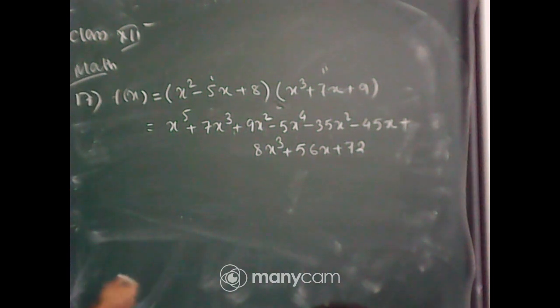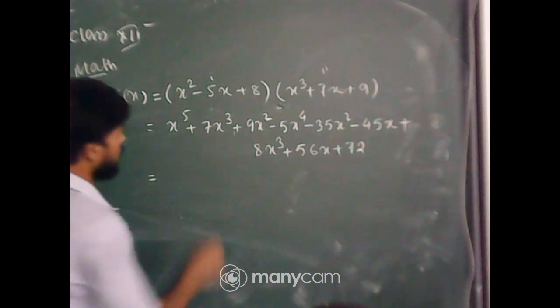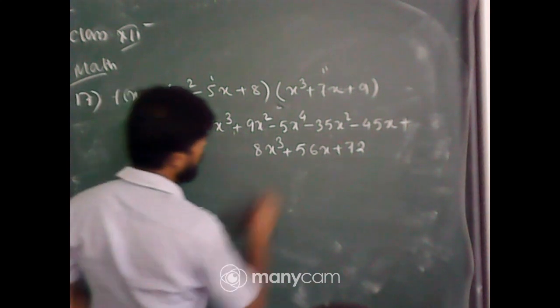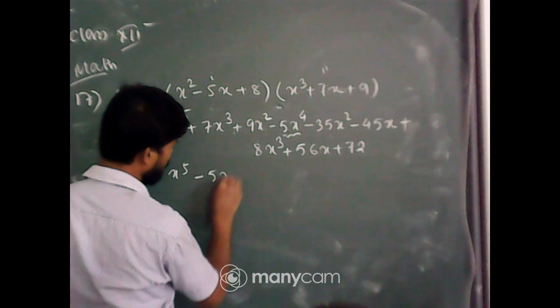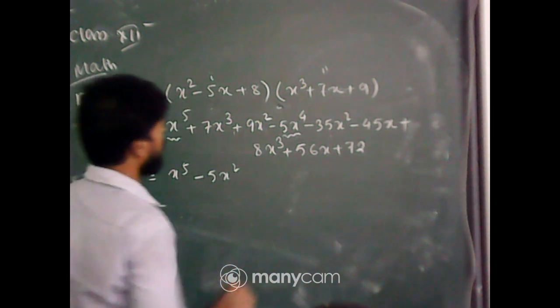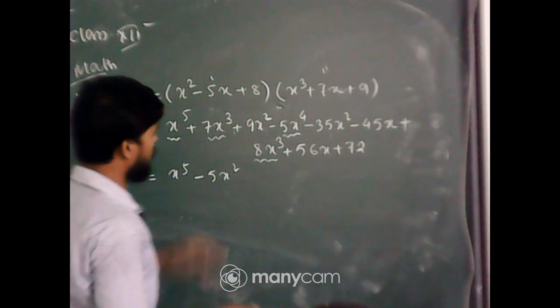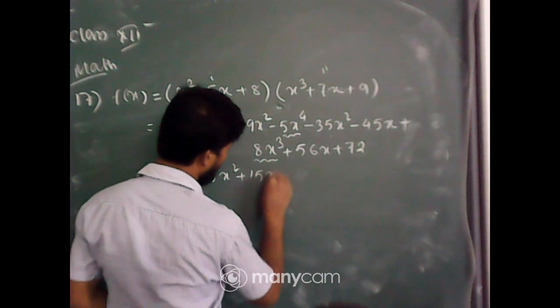Now to differentiate this expression with respect to x, we can rewrite it: x to the power 5 minus 5x to the power 4. Then there are two x cube terms, one is 7x cube, one is 8x cube. If we add them, it will be 15x cube.